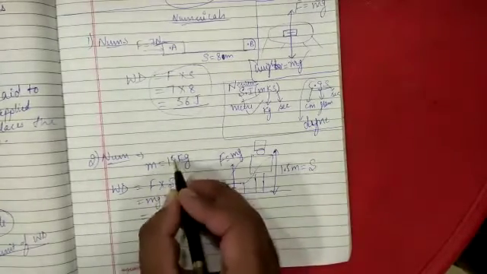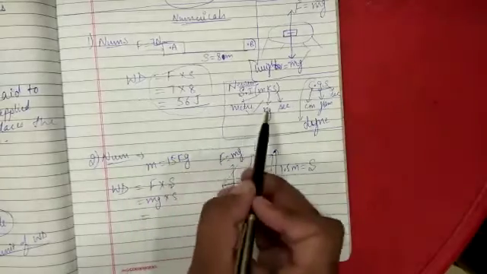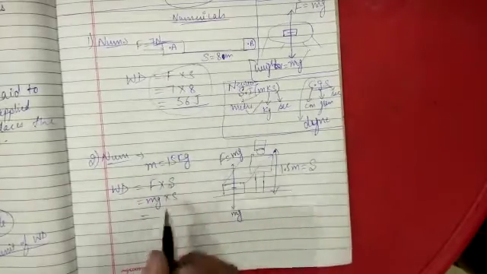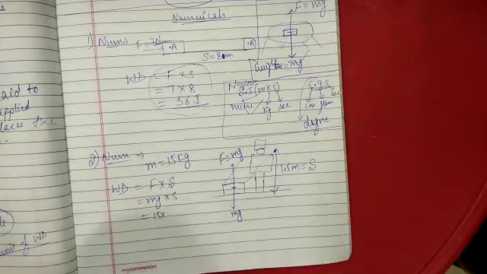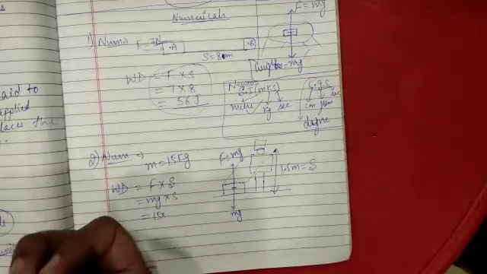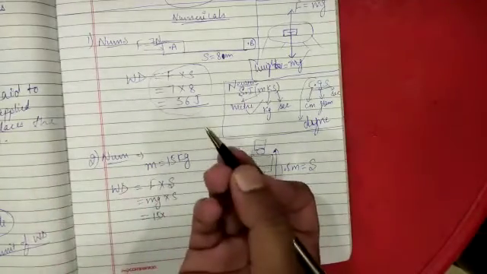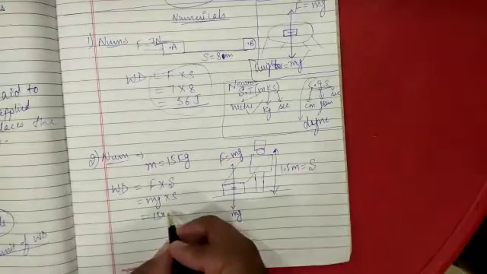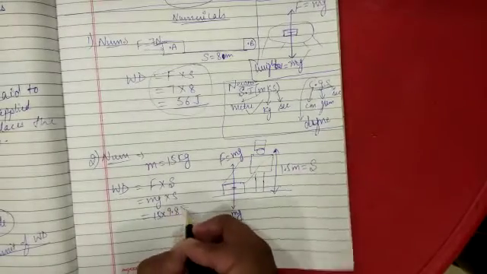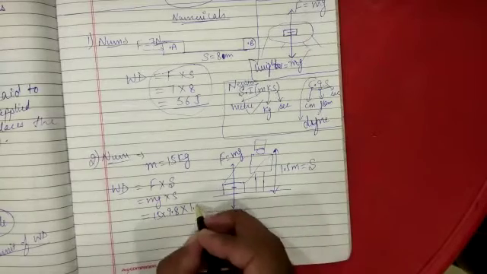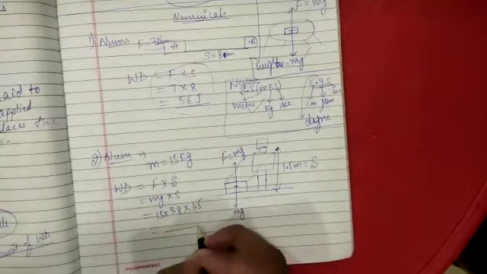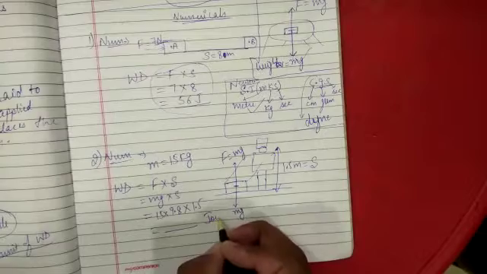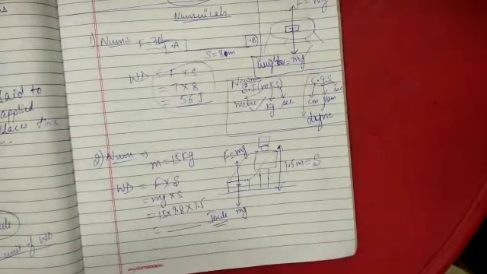Mass is 15 kg, which is the SI unit. If g is not given, you may take 10 or 9, but most of the time you have to take 9, and the displacement is 1.5. When you solve, you will get your answer, and you have to solve it by yourself.